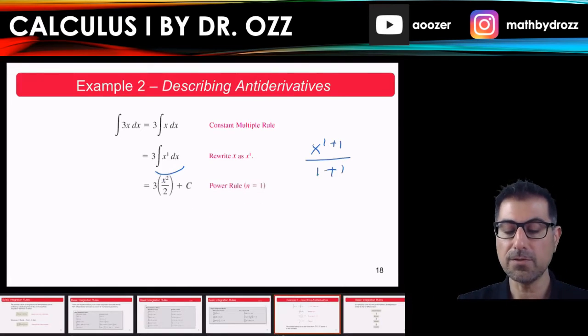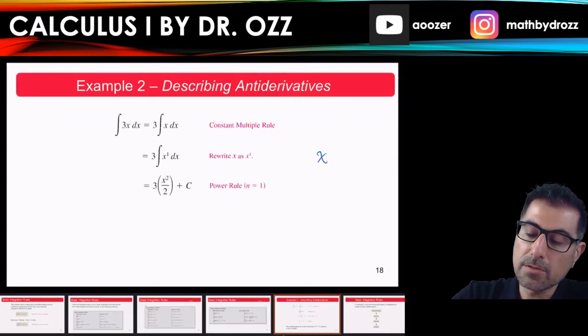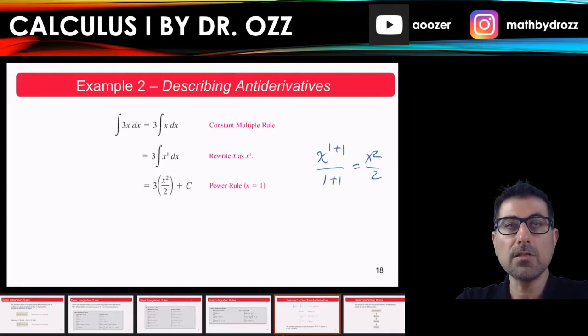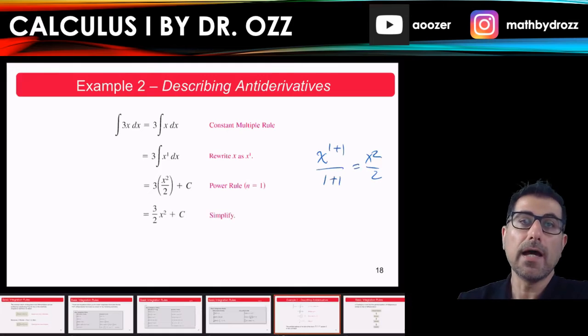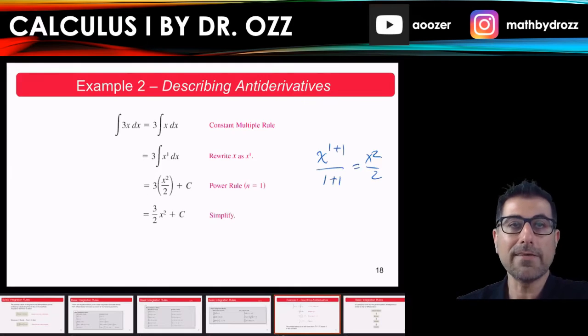If you do that, you're going to have x squared over 2 as the result of the integration. So here we go. I had 3 as a multiple, pulled out. 3 times x squared over 2 plus c. And eventually, once we're done, we simplify our findings. So you have 3x squared over 2 plus c.